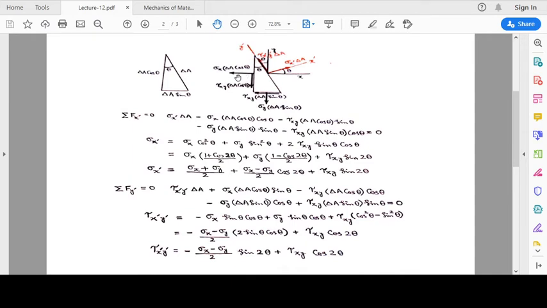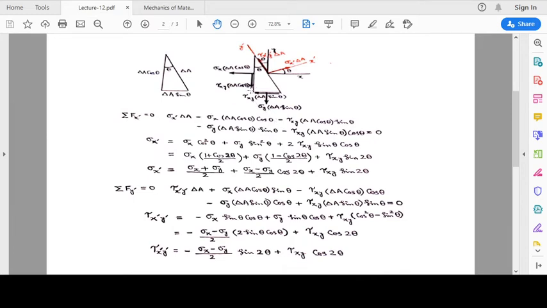So the component is going to be sigma x delta A cos theta into cos theta, and this component is going to be in the negative x prime direction. So we write a negative sign here.